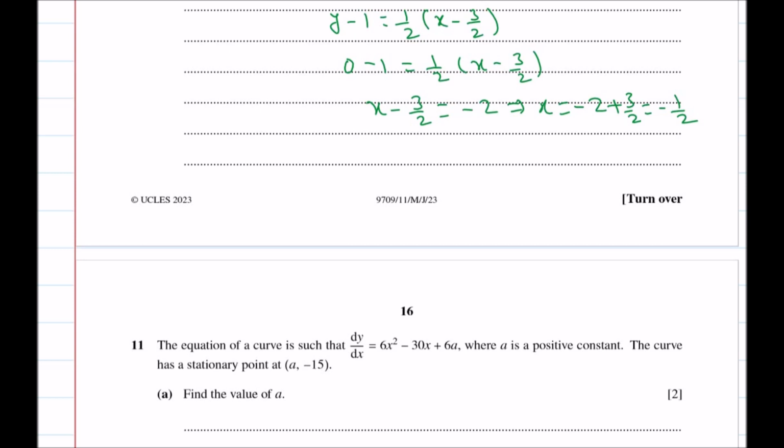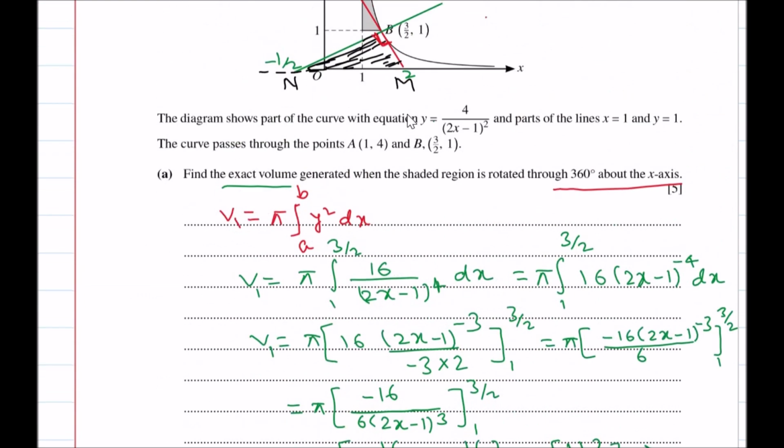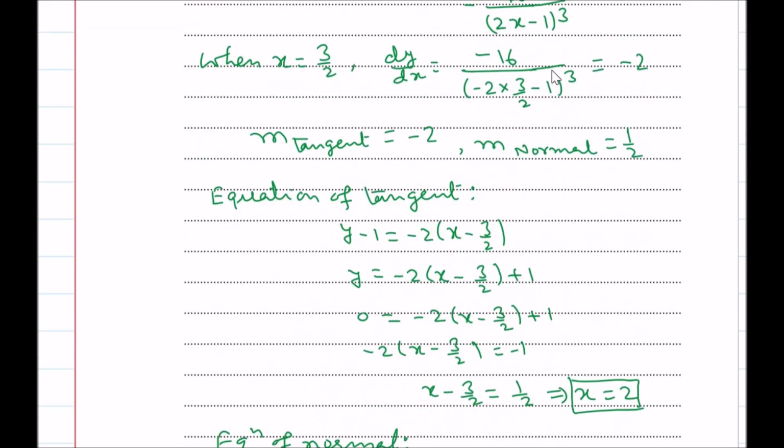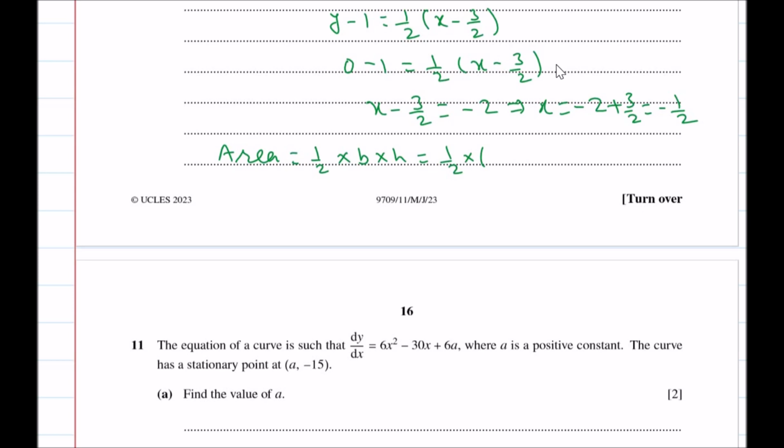So area is equal to half into base into height, that is half into base. Base is, see, it is from 2 to minus half. So 2 to minus half means 2 plus half, that is 5 by 2, into height is 1.